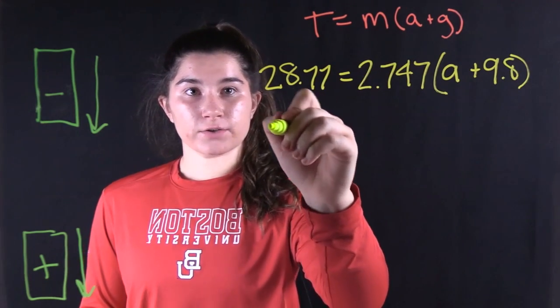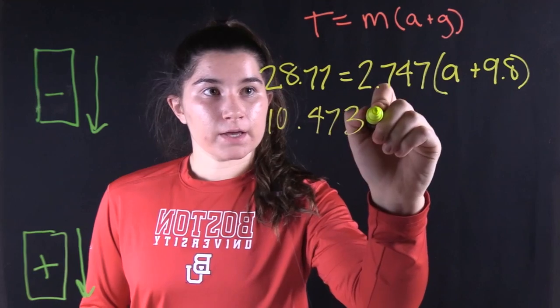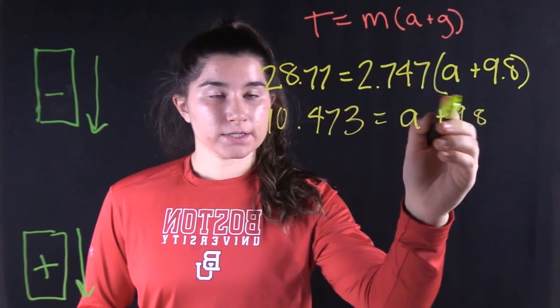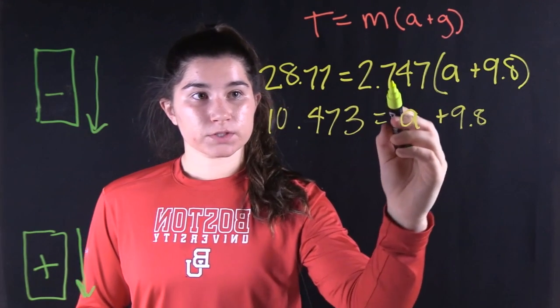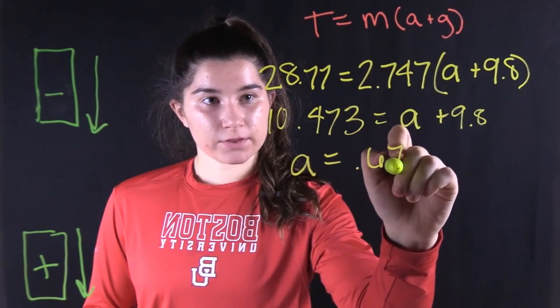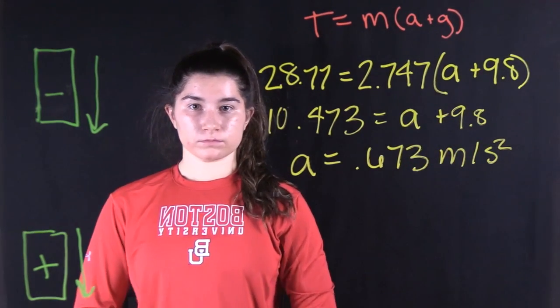If you divide this out, you get 10.473, and then we set that equal to acceleration plus 9.8. These are both in meters per second squared, so we can subtract this off, and our acceleration will then be 0.673 meters per second squared.